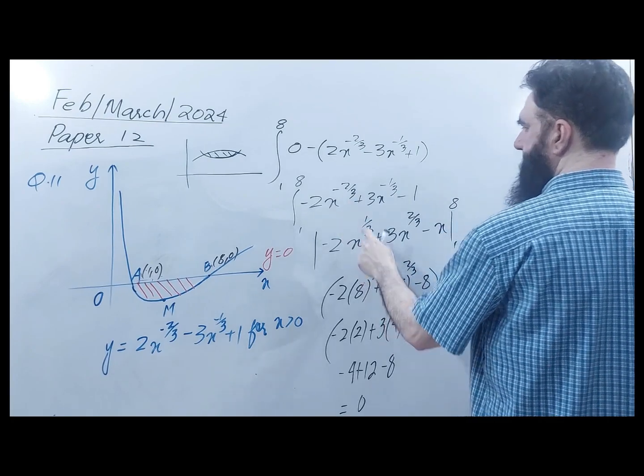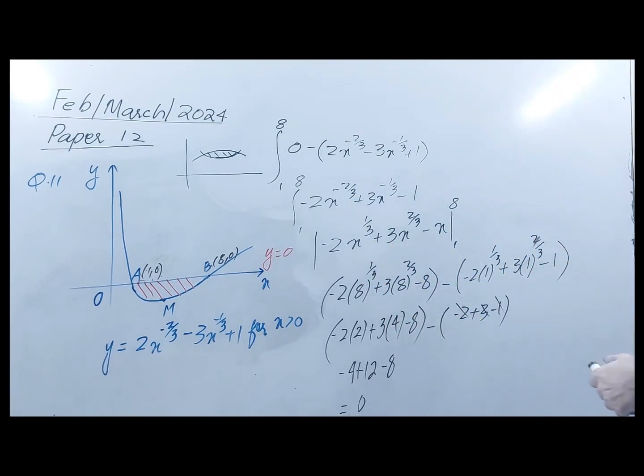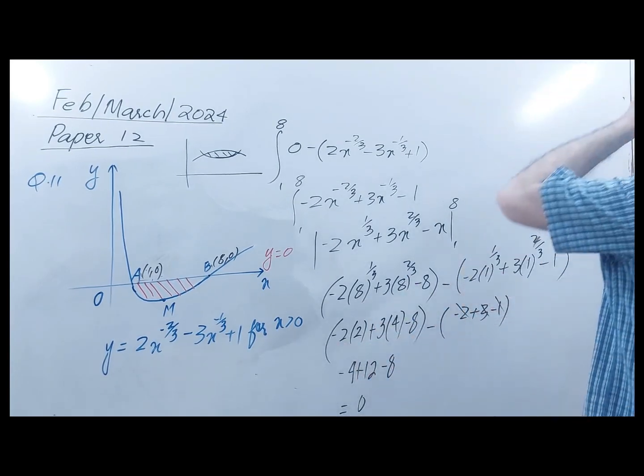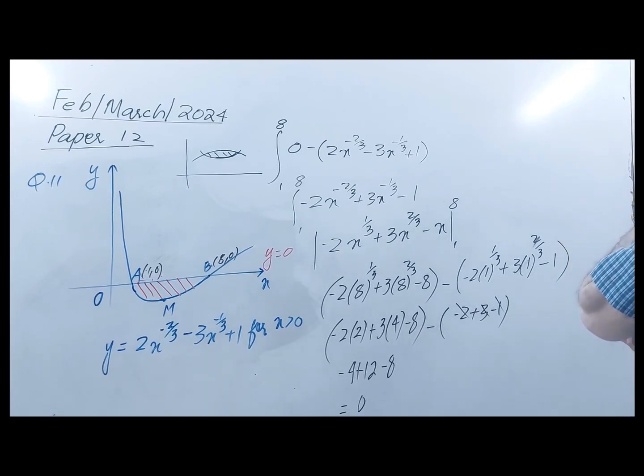If you add 1 in it, it becomes 1 by 3, plus 3x power, it becomes 2 by 3 minus x. You put the limits, 2 2s are 4, 3 4s are 12, minus 8. And it's minus 2 power 1 by 3 and plus 3 power minus 1. So the answer is, are we doing any mistake in it? Minus 4 plus 12 minus 8.